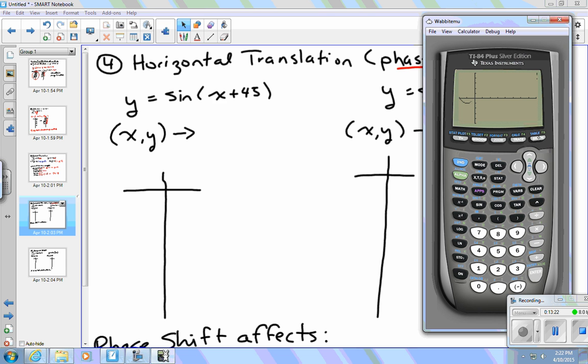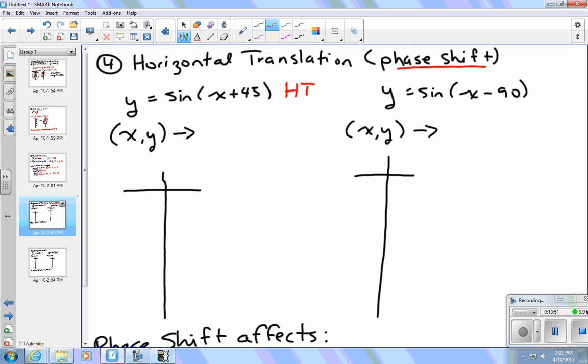So when I hit graph, here's our original one again, and here's the new one. You'll notice that it has shifted left by half of a tick mark, and the tick marks we set up to be every 90 degrees. So it's actually shifted left 45 degrees. Okay, so the horizontal translation is left 45.